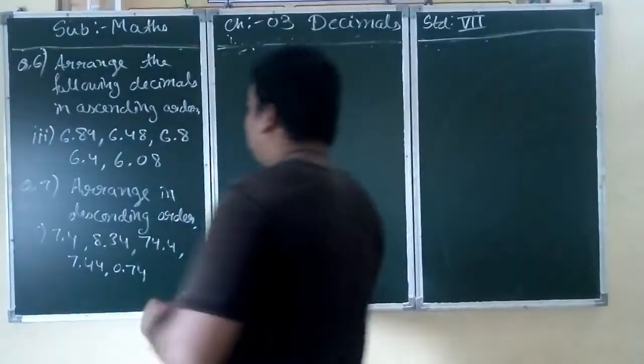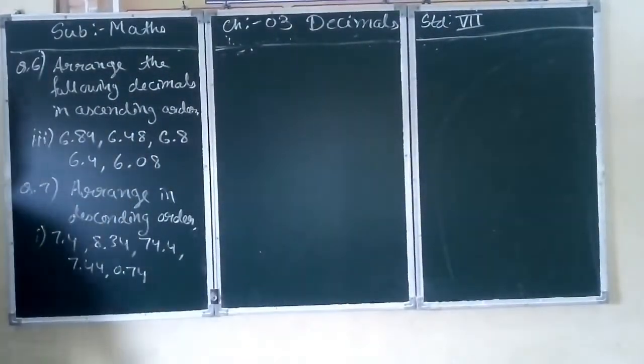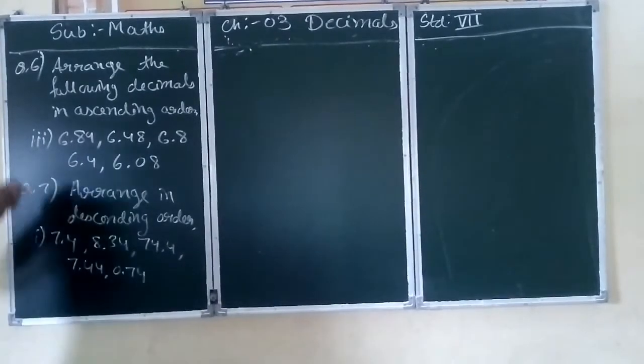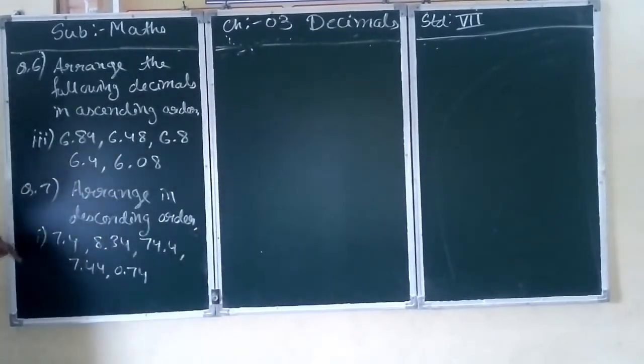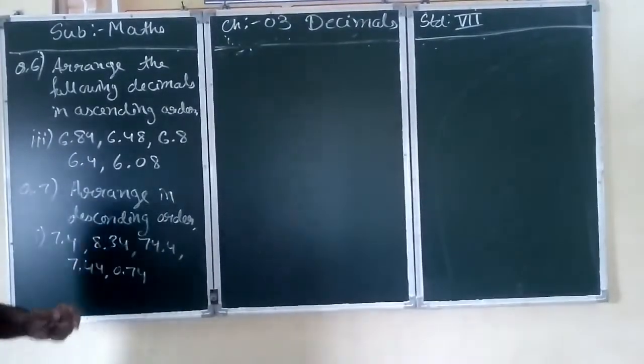Okay, so class, see question number 6. Arrange the following decimals in ascending order. I solved only question number 6 and question number 7; the rest of the questions are homework. I just explained how to solve.